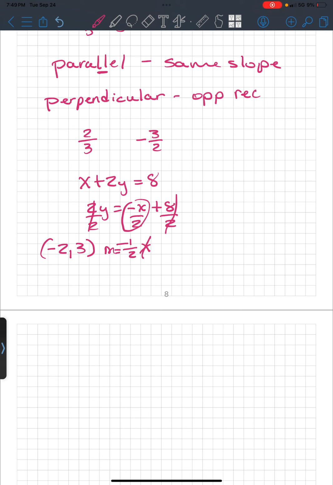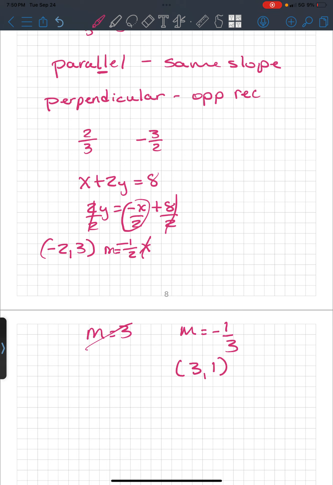Or you could just count, and it goes up 6 and over 2. And so that would be 6 over 2, and your slope is 3. So if your slope is 3 for the graph, for your new line, your slope is going to be -1/3. And your point you're going to use is 3, 1.